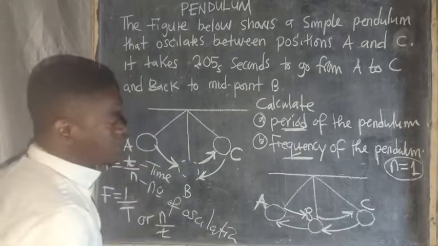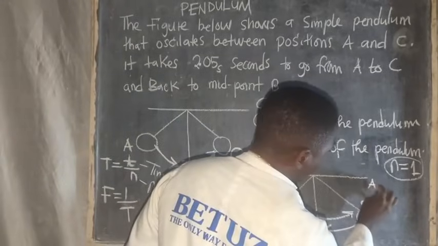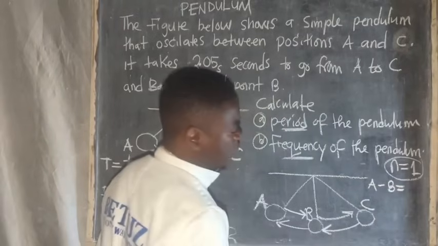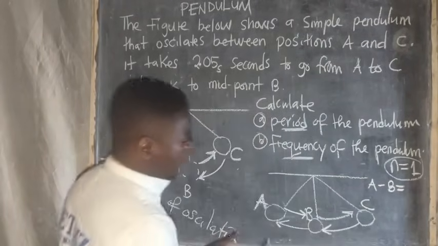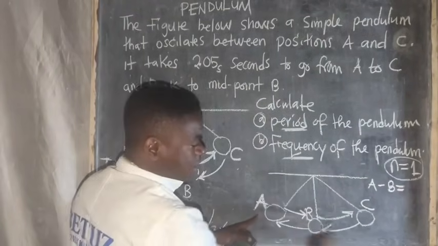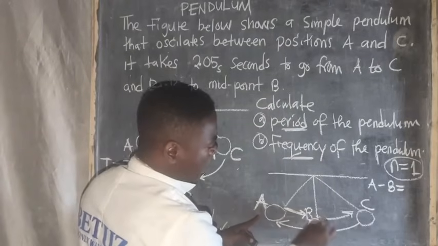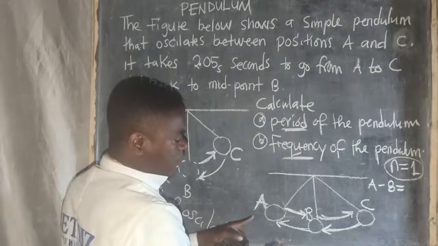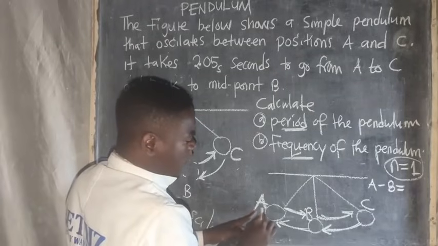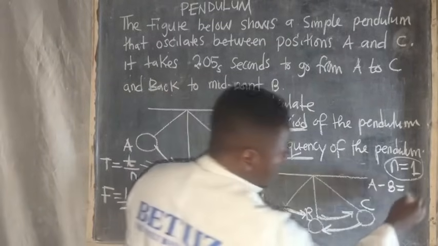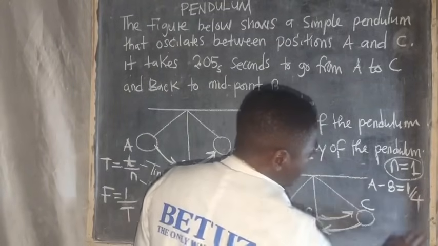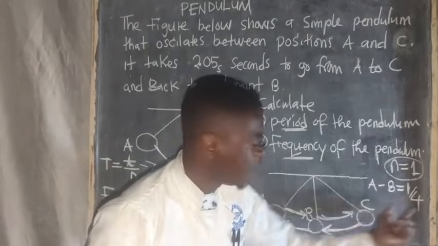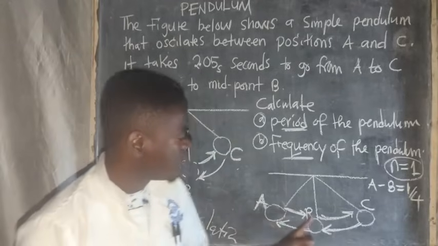What is the value of N? From A to B, these are intervals. How many are there? 1, 2, 3, 4. So the total number is 4. When it has just moved from A to B, N is equal to 1 over 4.